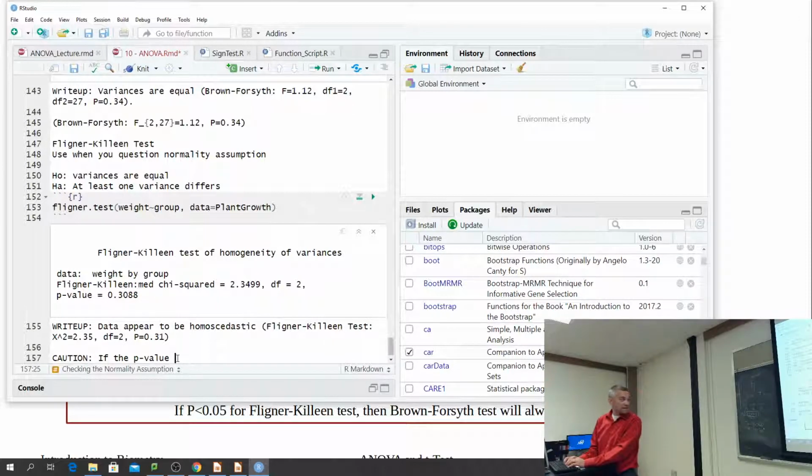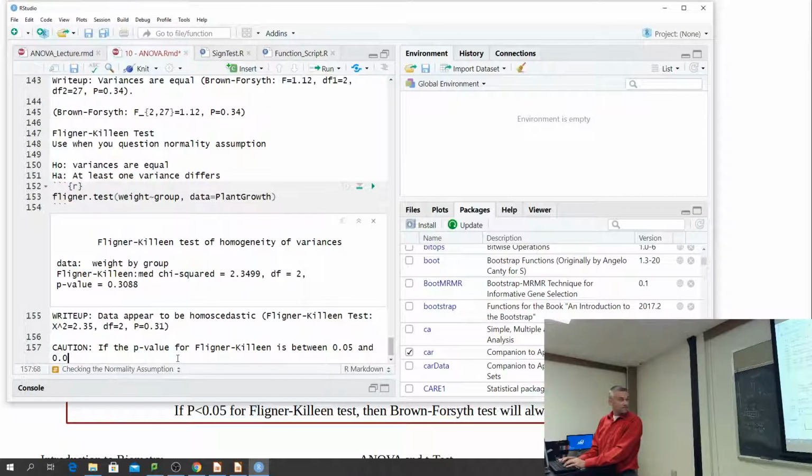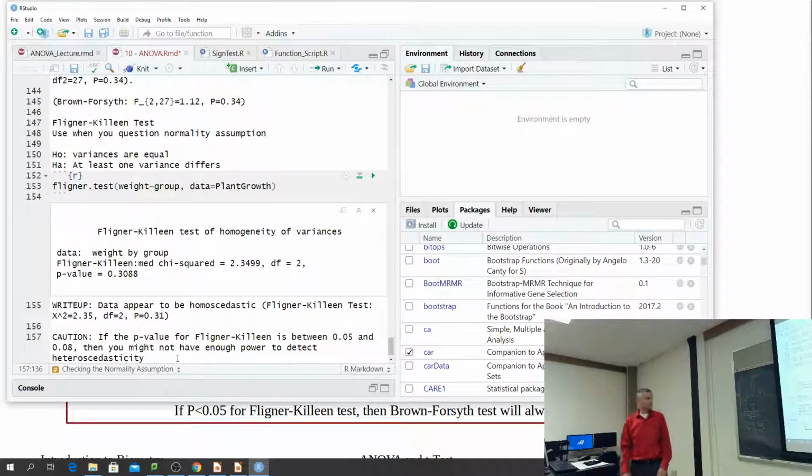Caution, if the p-value for Fligner-Killeen is between about 0.05 and 0.08, so it's not significant, we wouldn't reject our null hypothesis yet.